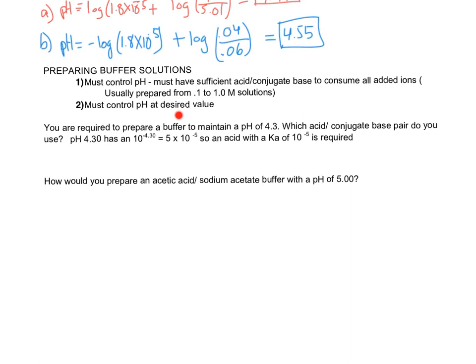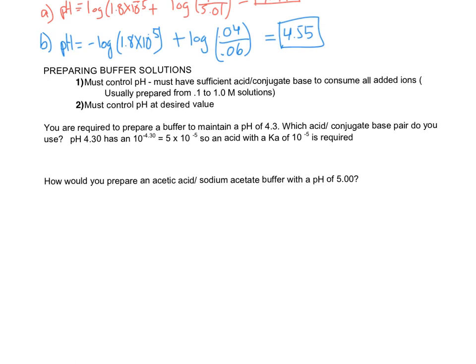If your blood is slightly basic, I think it's like 7.2 to 7.4 or something like that, you want to have a buffer that is slightly basic, that is going to hold the pH at that level, not something that's way higher or way lower.